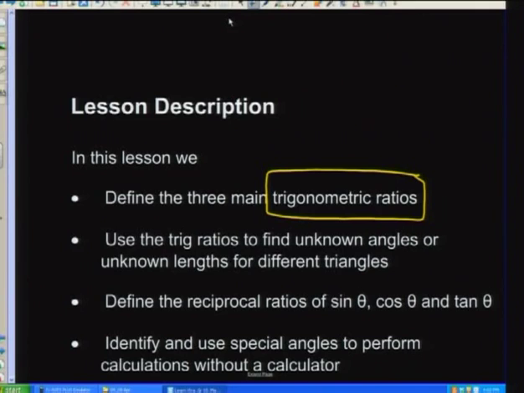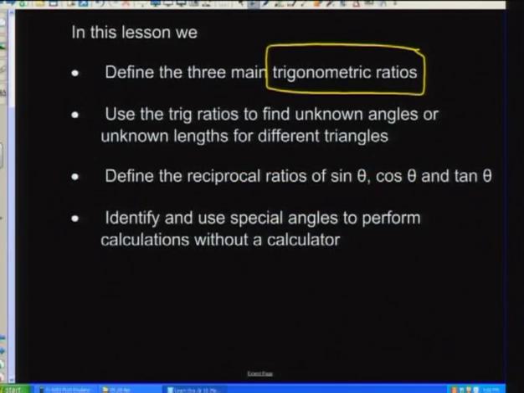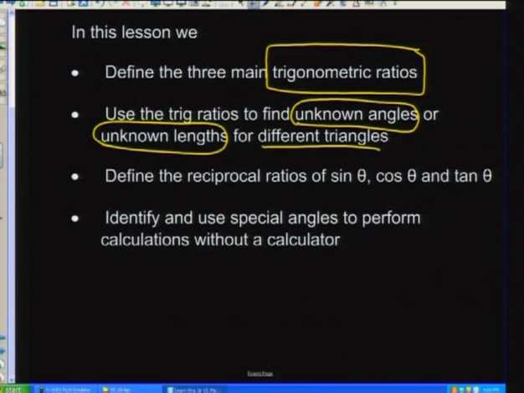Then we're also going to look at the trig ratios in order to be able to find unknown angles and unknown lengths in a triangle. We're going to be able to use trigonometry to solve those angles and lengths.